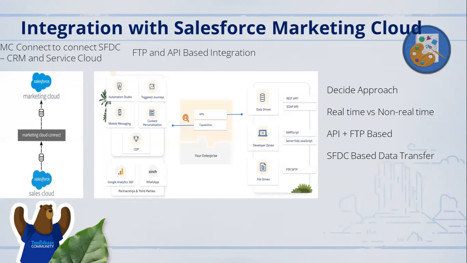Say, for example, you are using Salesforce Marketing Cloud along with Salesforce CRM or any other Salesforce products, then there are connectors involved. You just need to configure the connector, and you can connect the two clouds, and the data flow is seamless between, say, Sales Cloud and Marketing Cloud. The advantage of the connector is that it's again configuration.